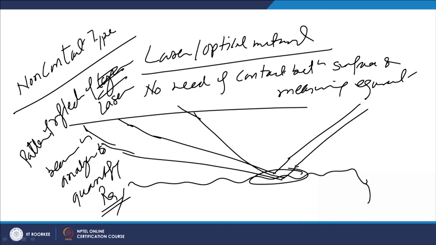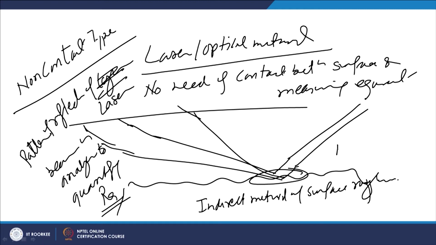Based on the pattern of the reflection, we try to quantify the surface roughness of the component. So, this basically is an indirect method of surface roughness measurement.